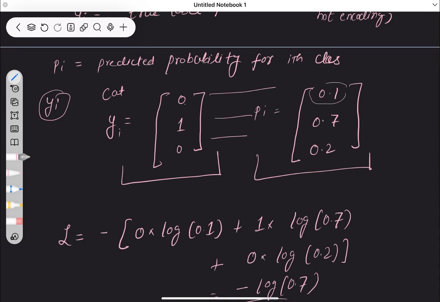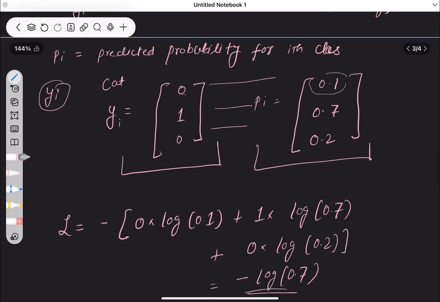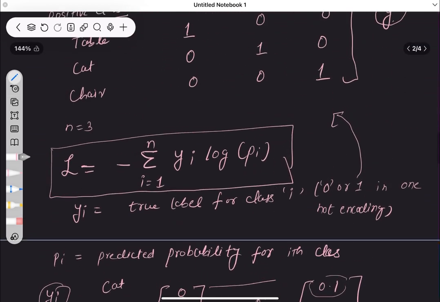And if the predictions are much closer to the real values, then the loss becomes very small, right? Other than that, it provides a smooth gradient that helps to optimize the model parameters effectively using gradient based methods. So that was all about the cross entropy loss.